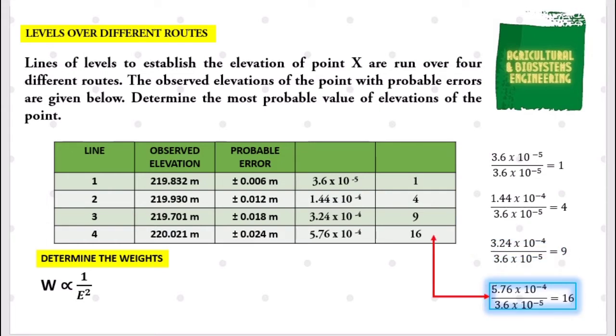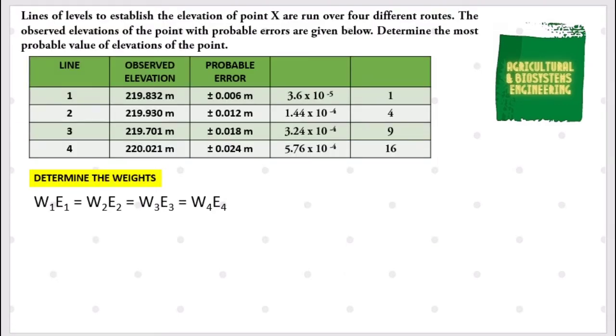After determining the values for our probable error, we have to be reminded again that the weight is inversely proportional to the square of the probable error. This relationship is applicable with all the 4 lines, that is why weight 1 and its corresponding error is the same until the 4th line.